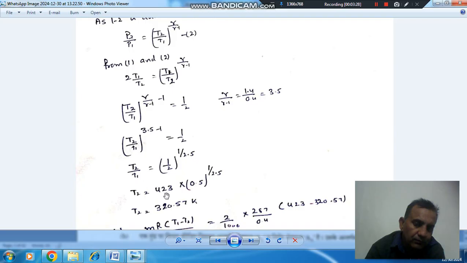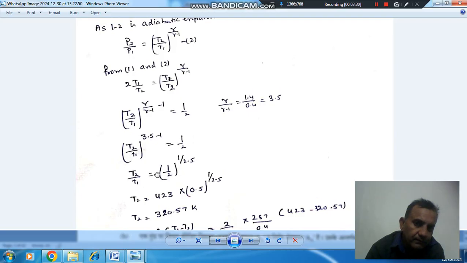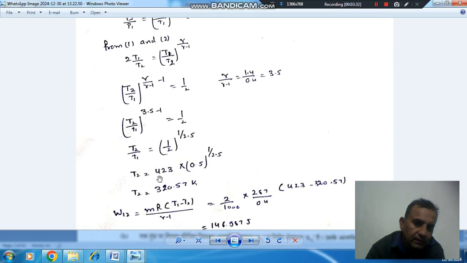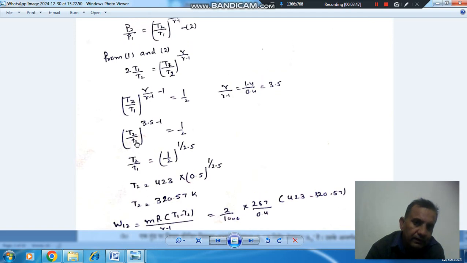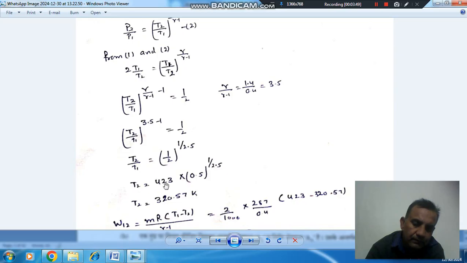T1 is 423 Kelvin, and this is 0.5 raised to power 1 by 2.5. So T2 is 320.57 Kelvin. This is the temperature T2, and T1 is 423.